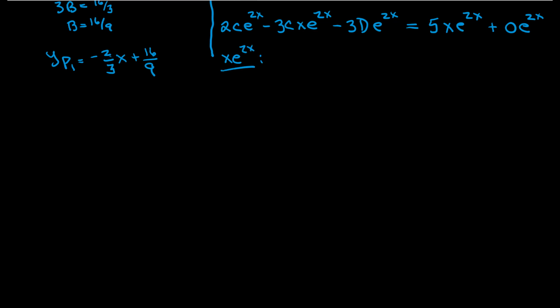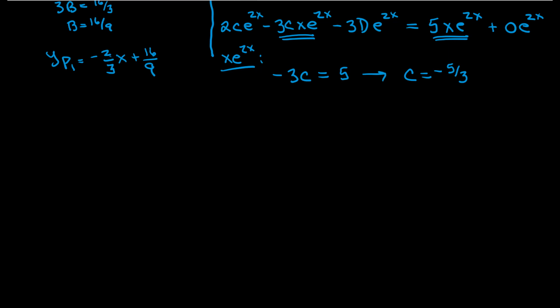And what that's going to give me is a minus 3c equals 5. On each side, I just factored out and omitted the x e to the 2x. This is going to give me then a c value equal to a negative 5/3.